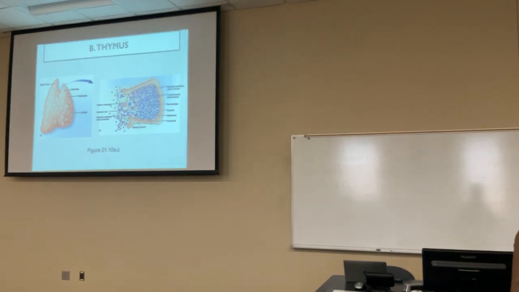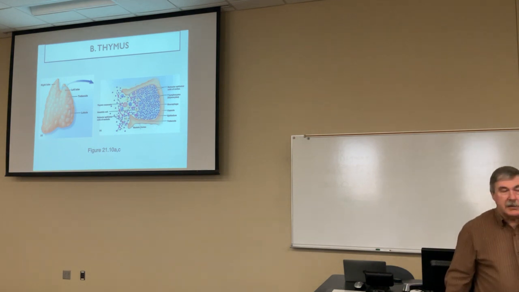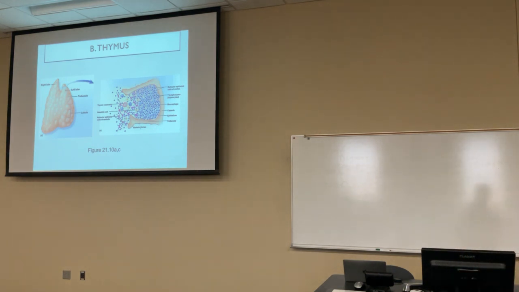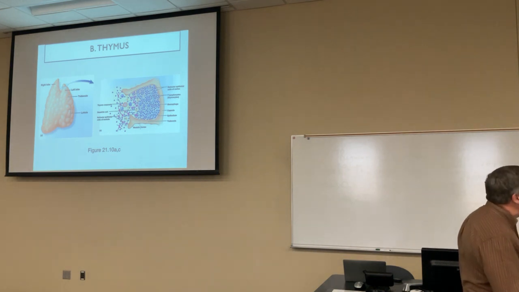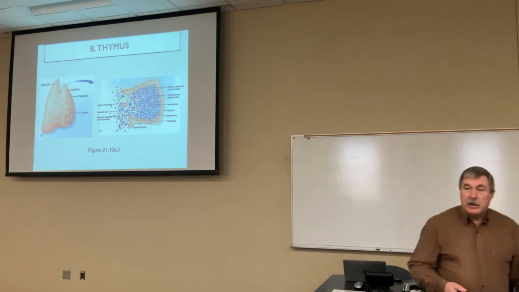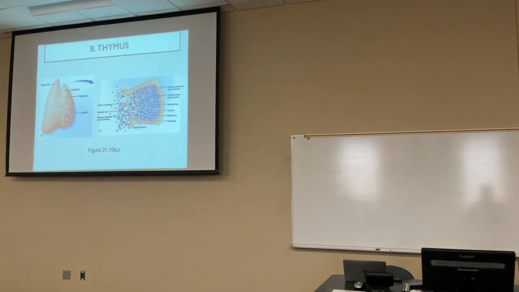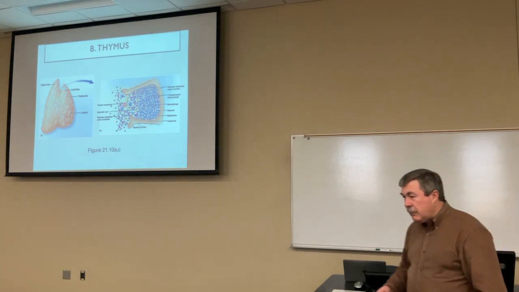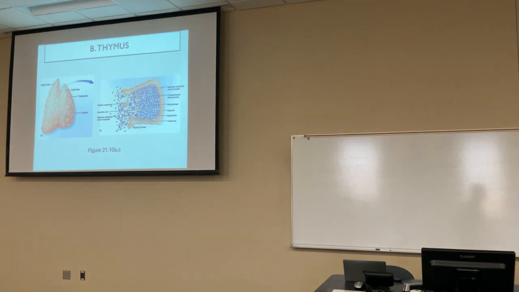And in adults, it usually shrinks down and gets a lot smaller, becomes filled with a lot more connective tissue, but it's larger in children, and T cells migrate to the thymus where they mature, and the thymus also, as I said, gets rid of those T cells that have the potential of triggering an autoimmune response.